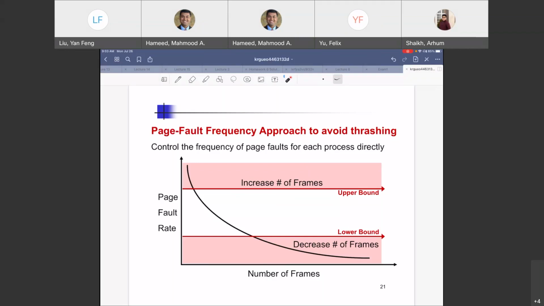So the lower bound is set by the person who wrote the application. If I have too many beyond this, I may not need them. You can use these extra frames, so don't increase anymore, because you can use them for other applications.